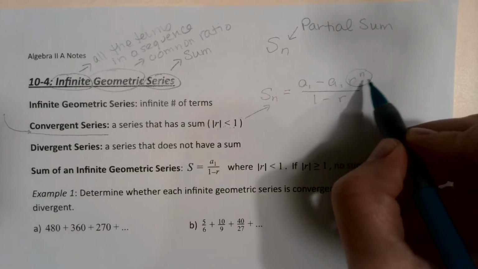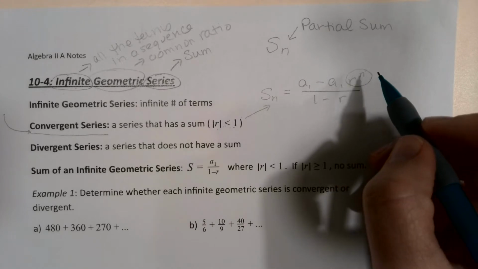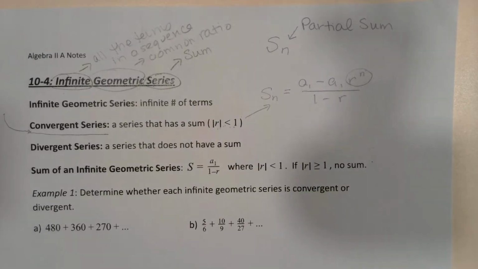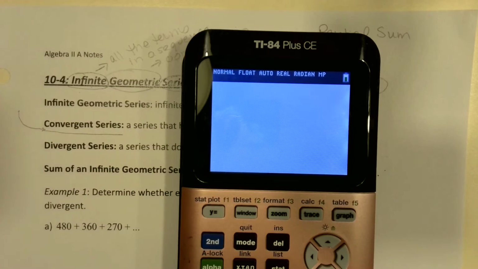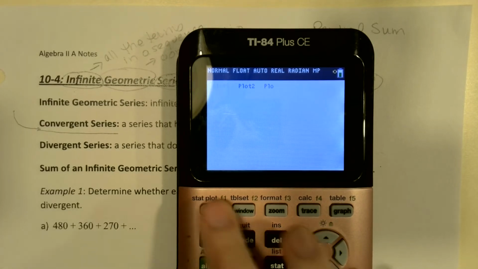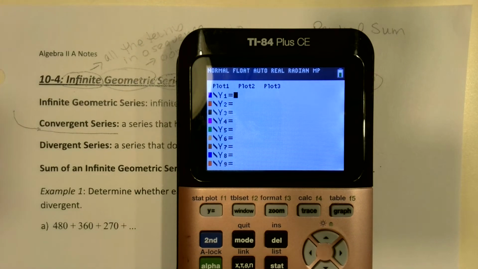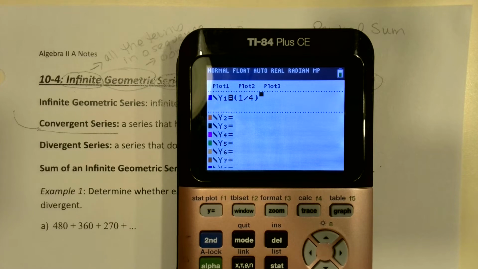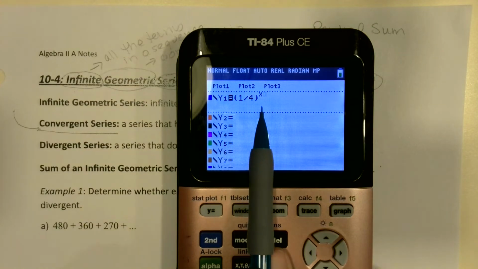As the rate is raised to higher powers, say we're using 1/4, a number less than 1, let's say 1/4 to the nth power. That's the rate to the nth power.